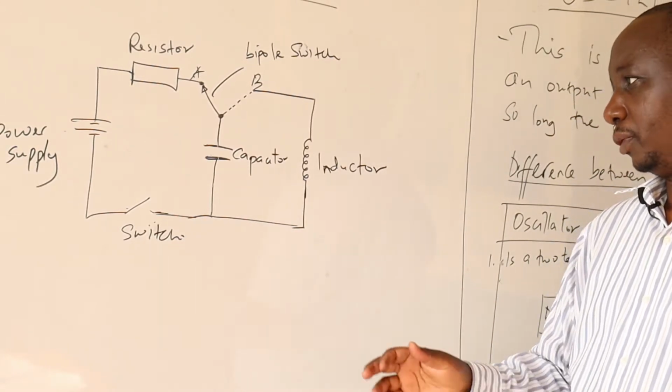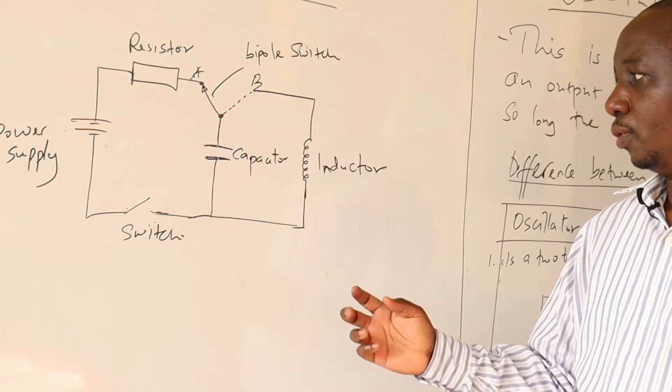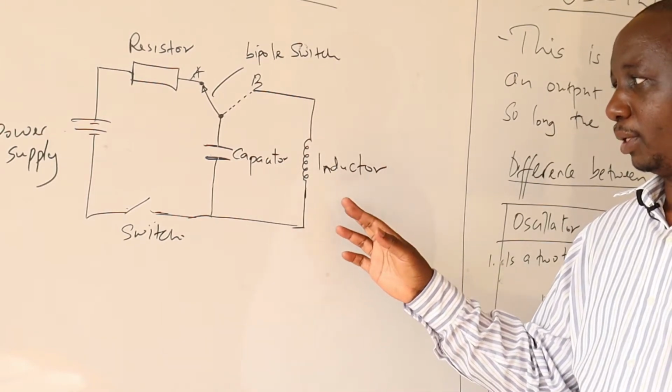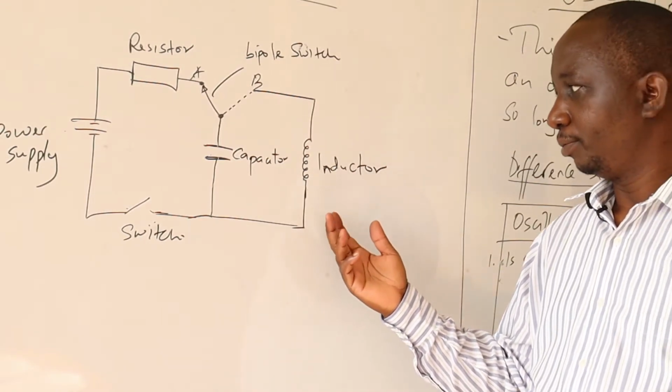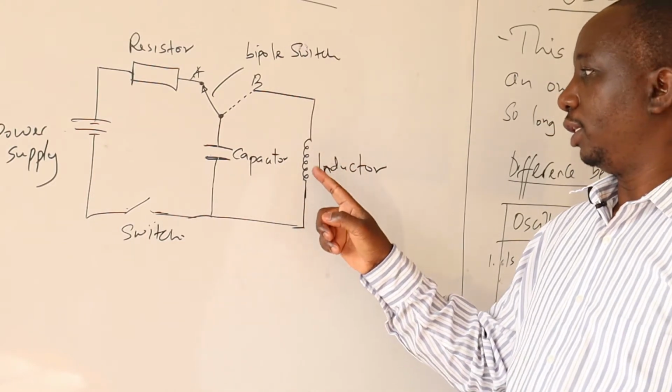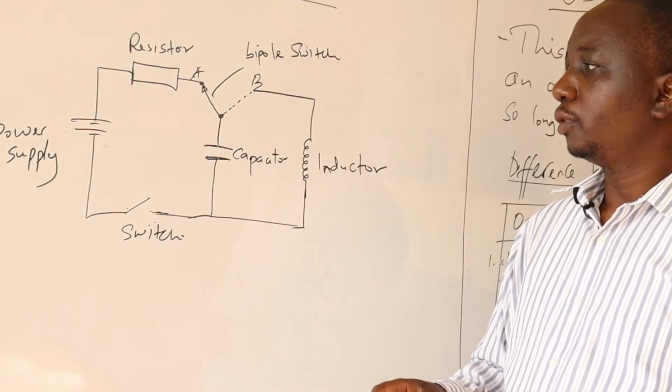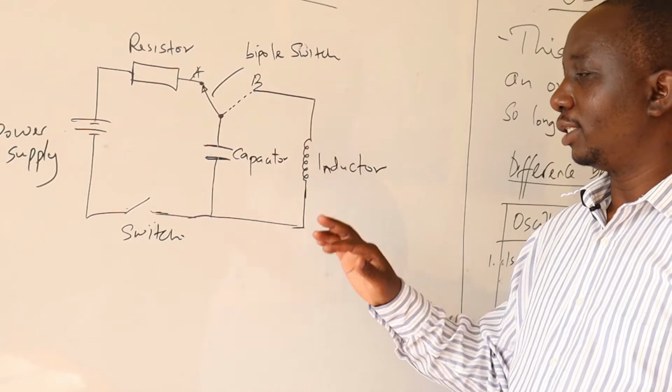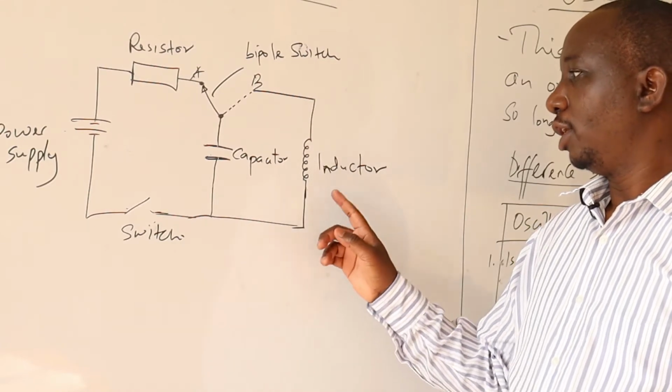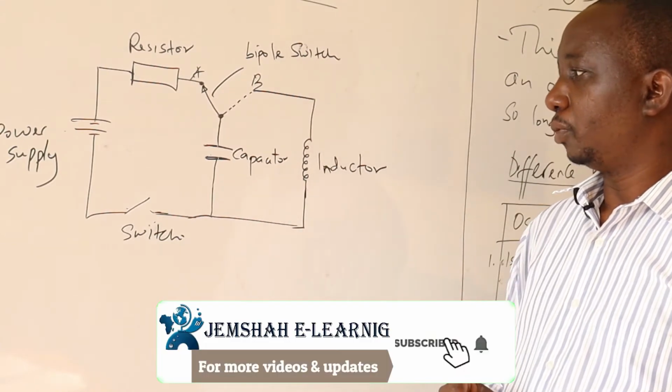The electrostatic charge now converts to an electric field, and then the inductor will charge. Because this charge is transient, the inductor will also be able to store charge.